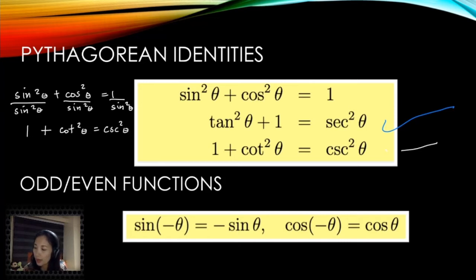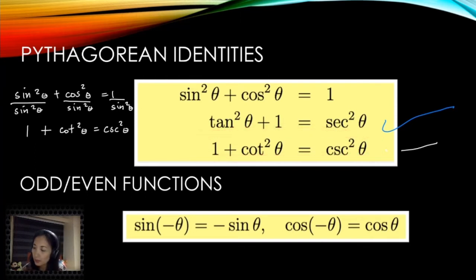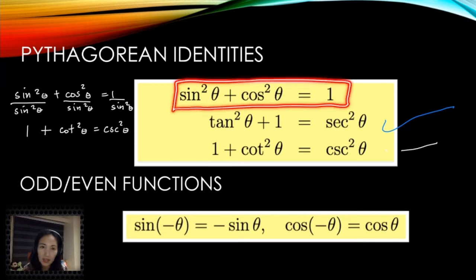So that was how the third identity was obtained. This is the most important identity among the three identities classified under this category, because from here you could derive the two others.